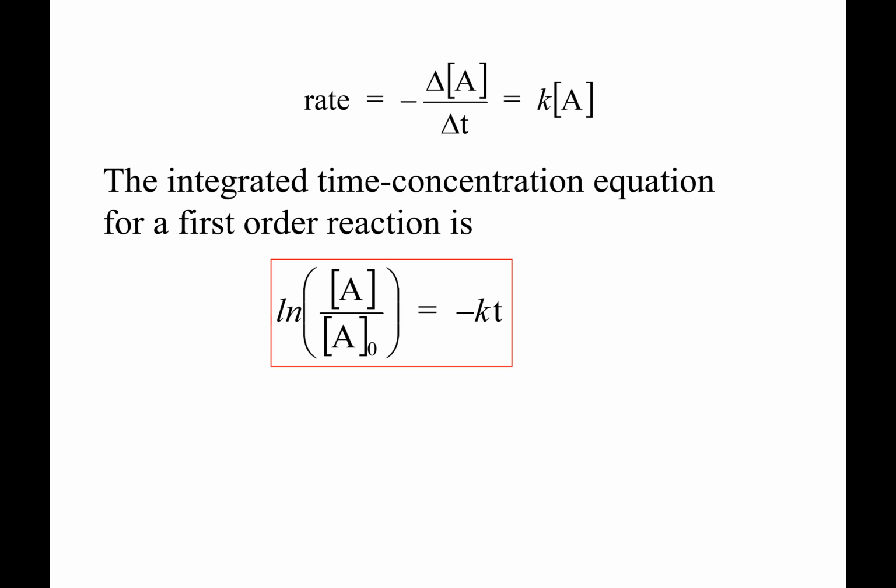First order: the natural log of the ratio of the molar concentration of A at time t to the molar concentration of A that you start with is equal to negative Kt. For first order, this is a time concentration equation we can use later too.